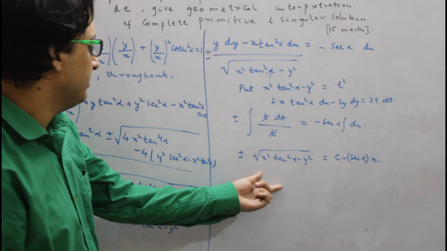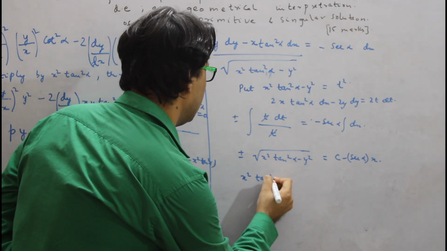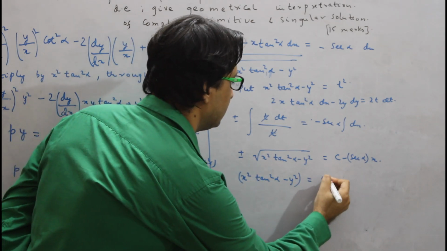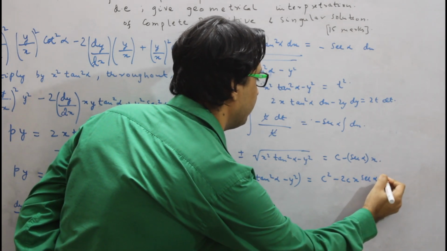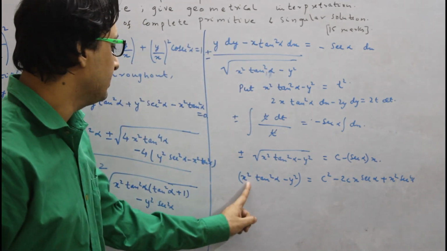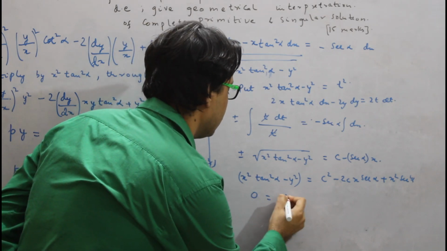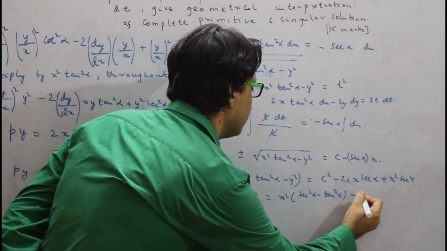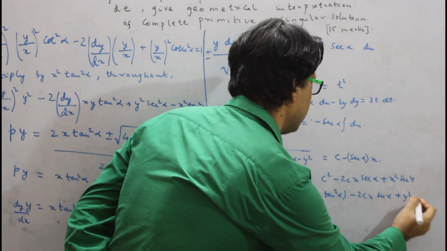So if we take the square of this, we will get x square tan square alpha minus y square, and this is c square minus 2cx sec alpha plus x square sec square alpha. So if we take all of this on this side, we can see x square into sec square alpha minus tan square alpha, minus 2cx sec alpha plus y square.